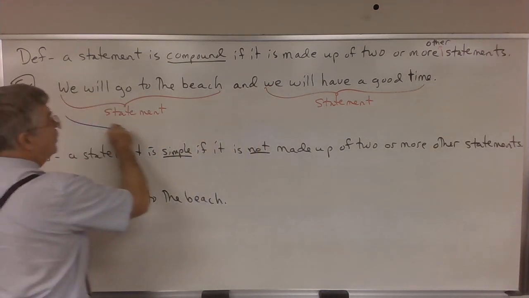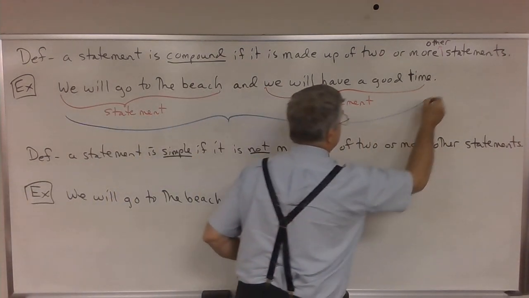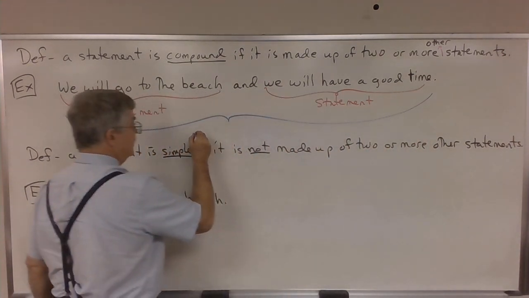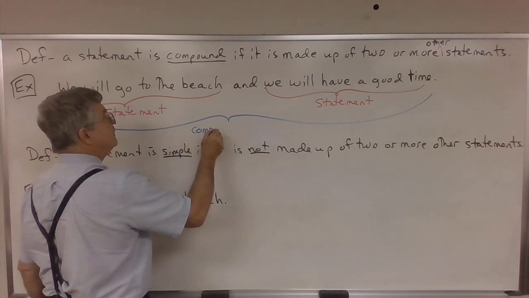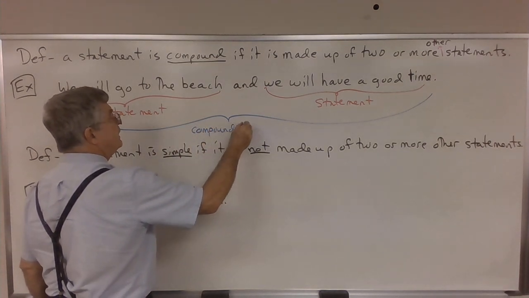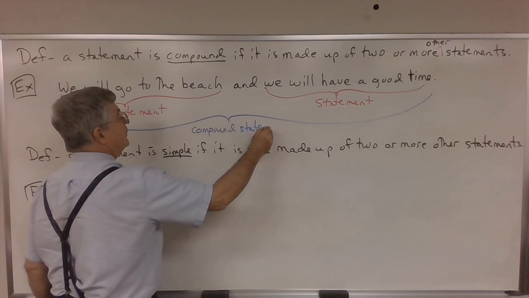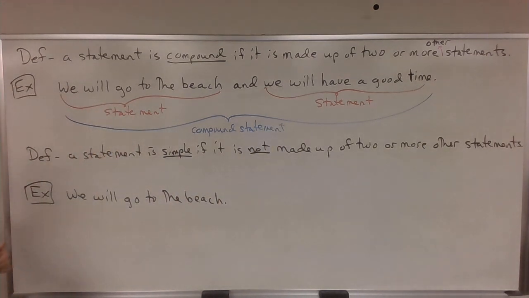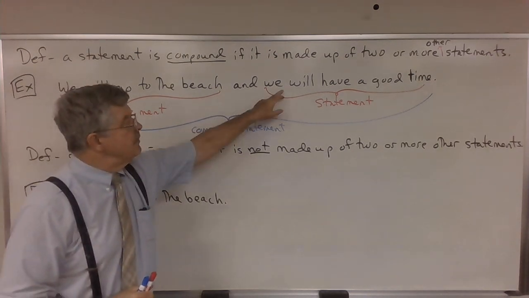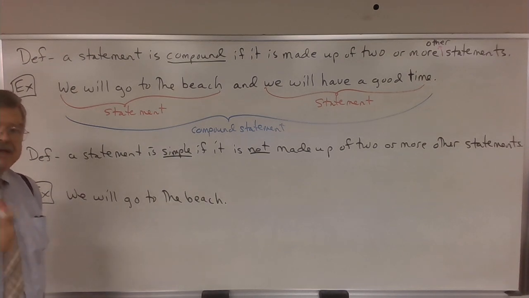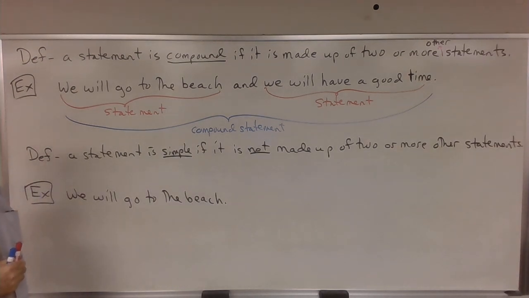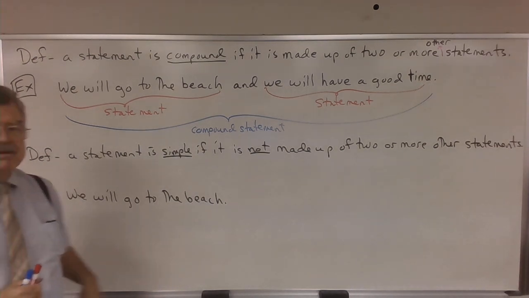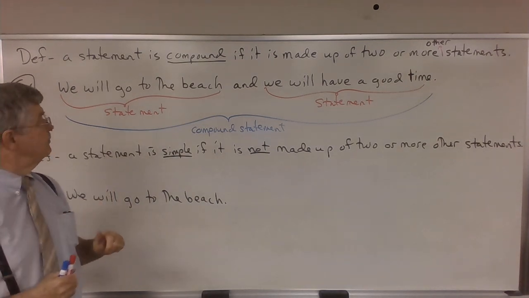So this whole statement is a compound statement. Let's look at it. We will go to the beach and we will have a good time. That's a compound statement because it's made up of two other statements.